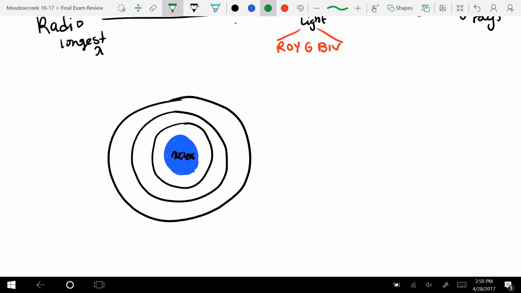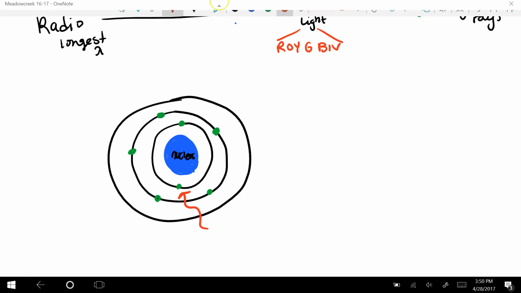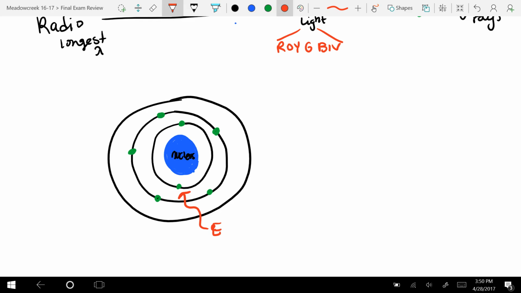Well, what happens is when energy, capital E, is absorbed, let's say energy comes in, this electron gets excited. Each energy level takes a certain amount of energy, so if I have a lot more energy, it causes my electron to jump up. So now my electron is at this new energy level.